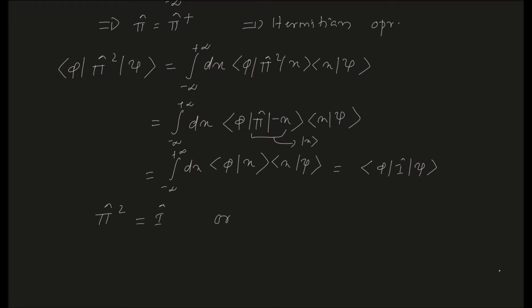Or you can write this same as the inverse of the operator, because pi inverse will basically give you this identity operator. And we had already seen that this parity operator is equal to its adjoint in the previous derivation.